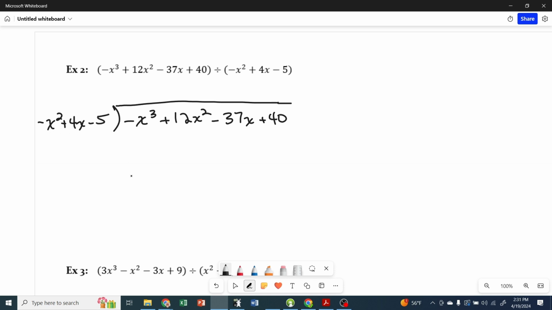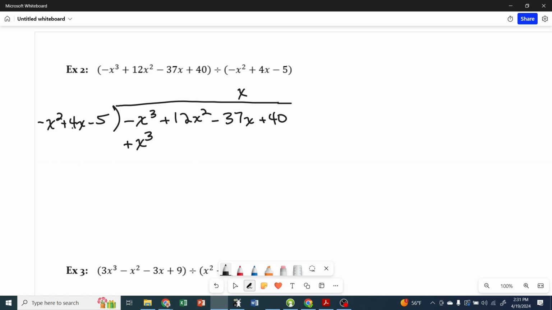Okay, since I'm going with a trinomial here, I'm going to move all the way over 3, right? I've got 3 terms. I'm moving over 3 terms: 1, 2, 3. So, negative x squared goes into negative x cubed x times. So, x times negative x squared is negative x cubed, but we changed the signs.